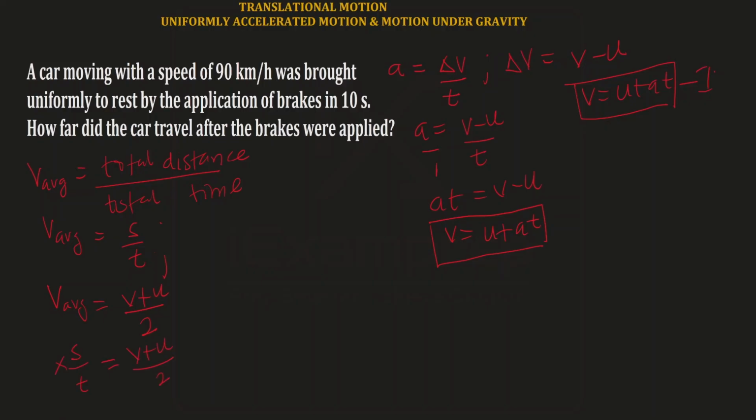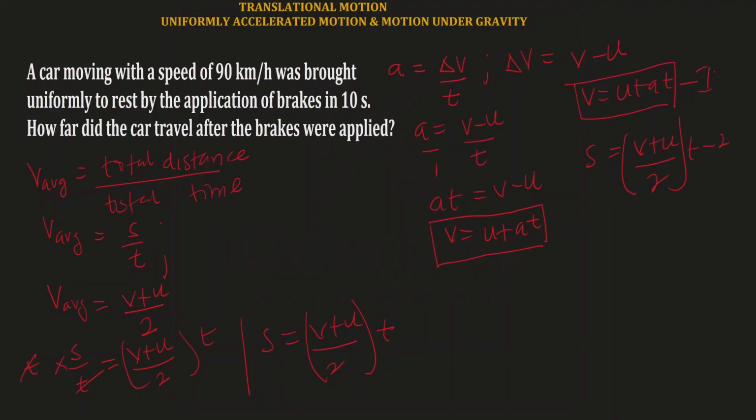If you multiply both sides by T, this cancels, and we are left with S equals (V plus U) over 2 multiplied by T. That is the derivation of that equation. I'll call this equation 2.